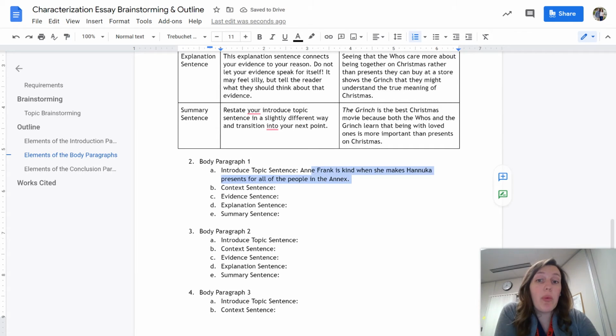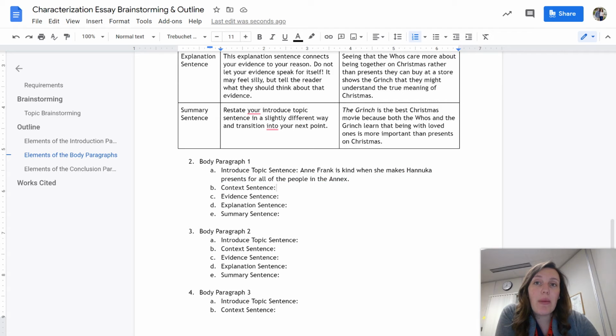So notice I don't put my evidence here, but I'm kind of talking about the evidence I'm going to use. So your character word, your character's name is characterization word, when, and then fill in the scene that you're going to talk about in that paragraph.